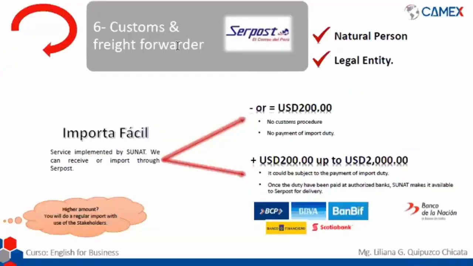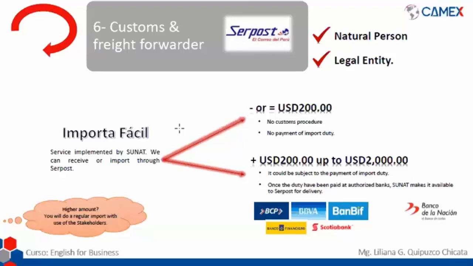Now, looking at Surpost, in order to use Import Fácil, which is the easiest way of importing via Surpost, you can be a natural person with a RUC or just with your ID, DNI, or you can be a legal entity. Both can import. Remember that Import Fácil is a service implemented by Sunat.